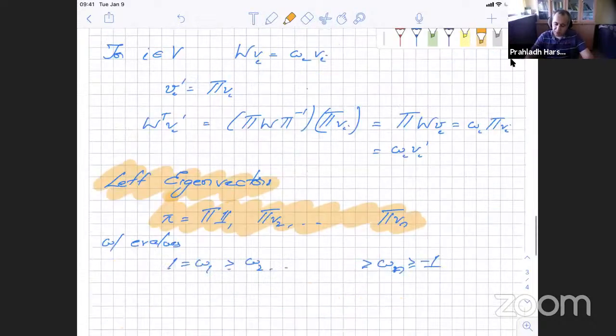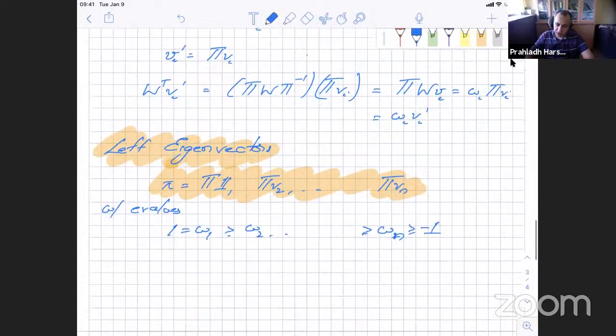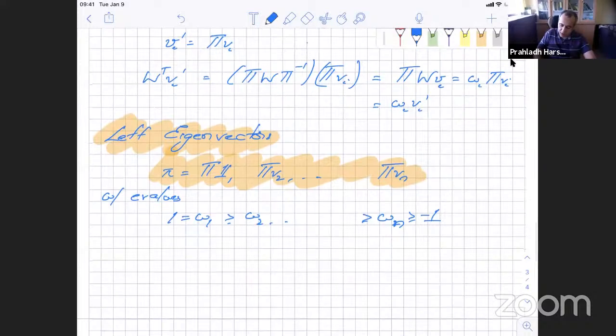Now this pi W, I want to actually stare at it a little longer. So what do we have? We have pi V, I said, is W transpose pi. Now, what is pi W transpose? Pi W transpose is W transpose pi transpose.